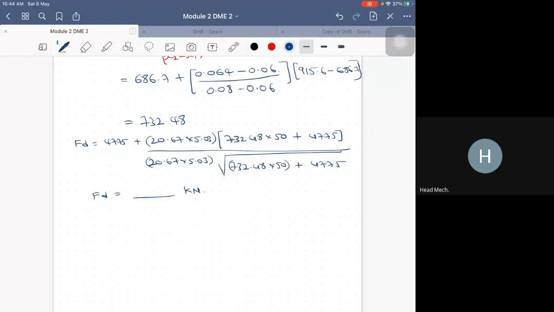Okay then, have you calculated the value of FD? There have been a lot of messages. I should scroll up again. 4.96? Is that the value? That is in kilonewtons, sir.